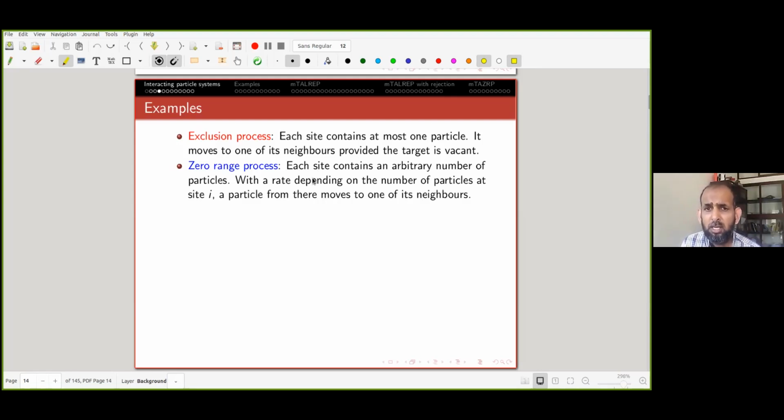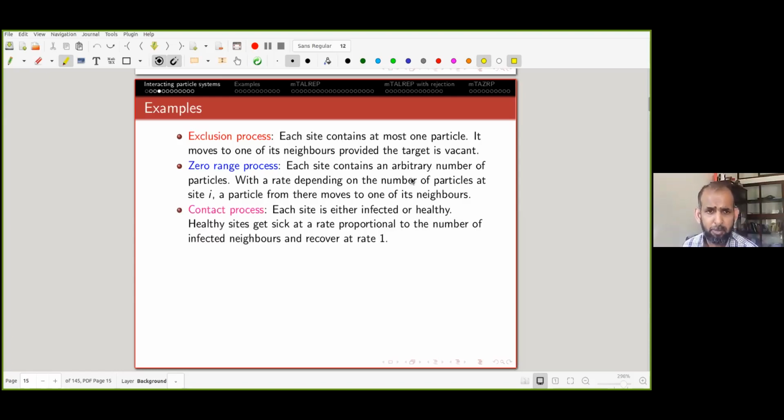Here, every site can contain an arbitrary number of particles. If you imagine there's a tower of particles sitting at a site, then with a rate depending solely on the number of particles at that site, a particle will move to one of its neighbors. It's called zero range because the range of the interaction is zero, in the sense that it only depends on the origin site.